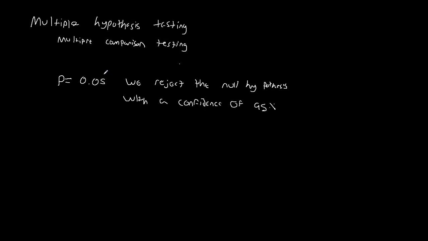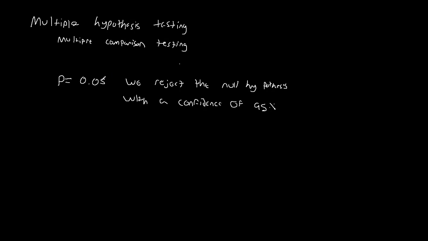So we're rejecting that null hypothesis with a confidence of 95%. But think about what that actually means for a second. That means that 5% of the time we would be rejecting the null hypothesis when it's actually true. It's called a false discovery or a false positive. We're rejecting the null hypothesis incorrectly. We shouldn't actually be doing that about 5% of the time.